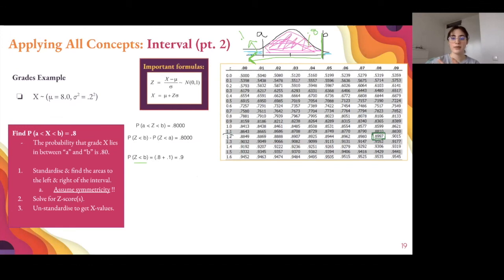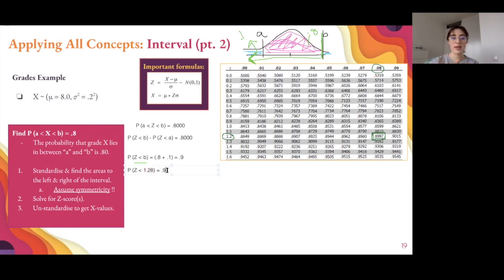So if we look at the rows and the columns, we see that the probability that Z is less than 1.28 is equal to 0.9. Because we looked for the 0.9 first, the z-score that is closest to 0.9, we found that 1.28 is the z-score that matches that probability of 0.9. So we just found B. B is equal to 1.28.